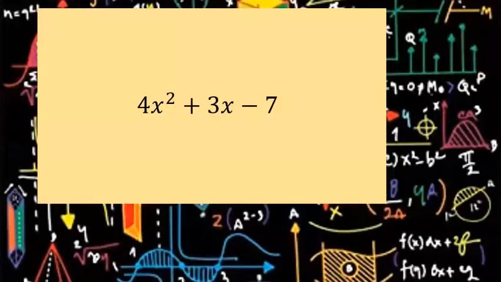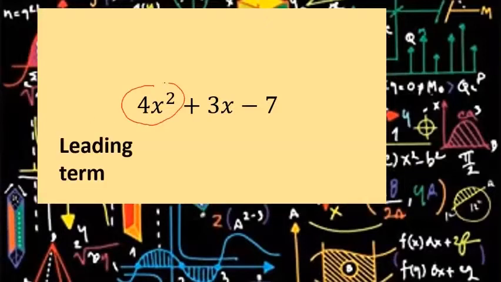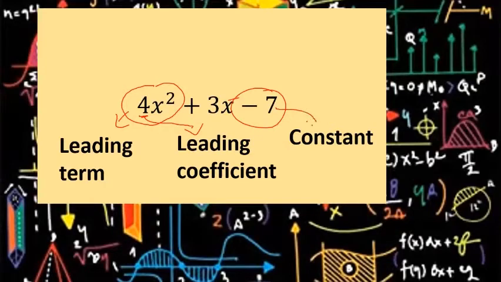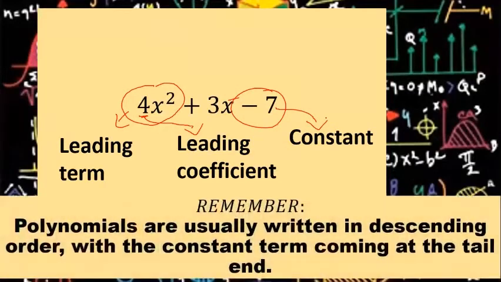So for us to understand clearly, I have here an example. We have 4x squared plus 3x minus 7. So when we say leading term, this is your leading term, 4x squared. Next, the leading coefficient is 4 and the constant is negative 7. So remember, polynomials are usually written in descending order with the constant term coming at the tail end.